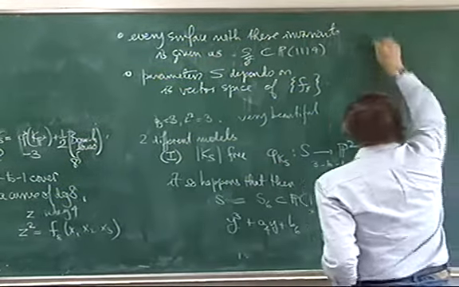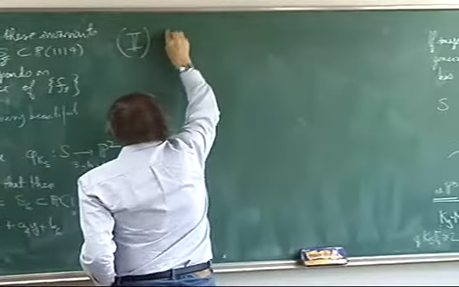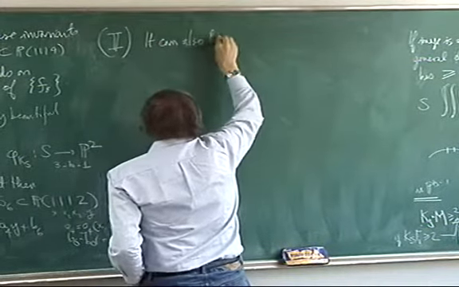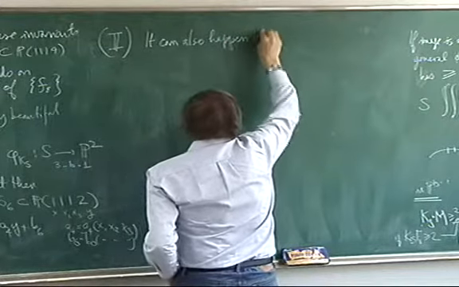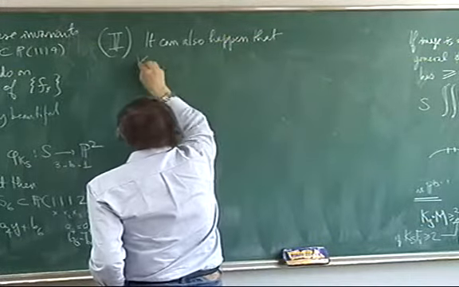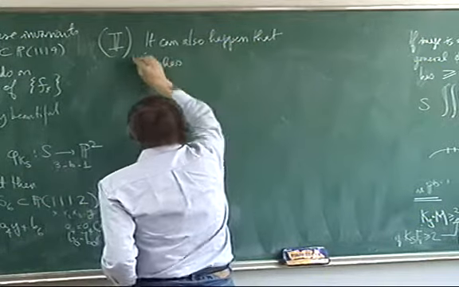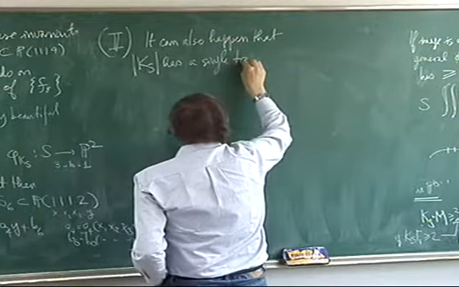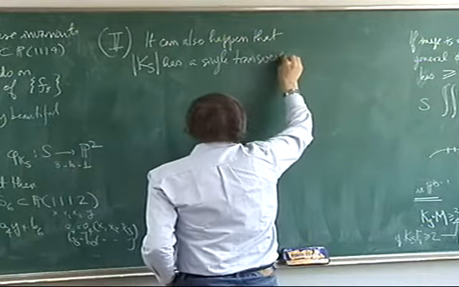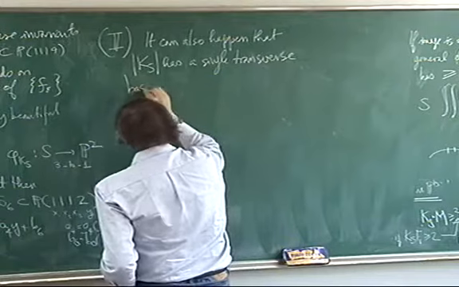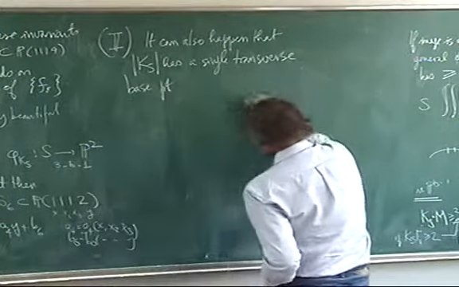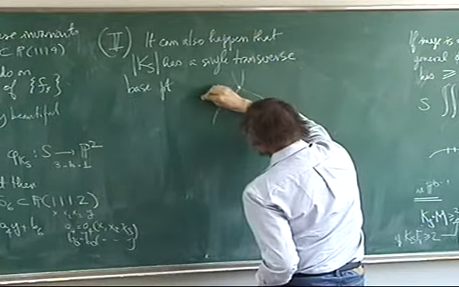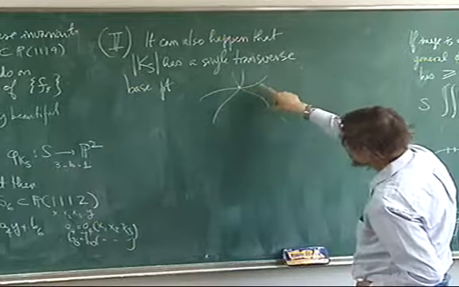So there's a second family. It can also happen that K_S has a base point. What it means is that I've got three functions, the equations of the three curves.